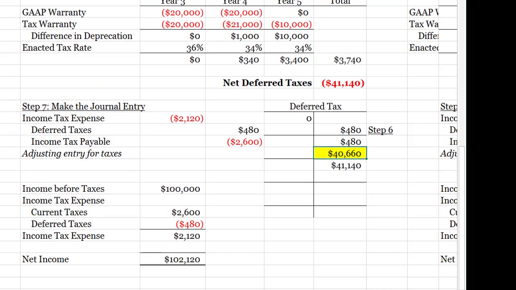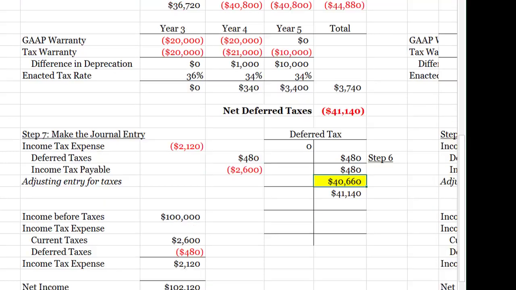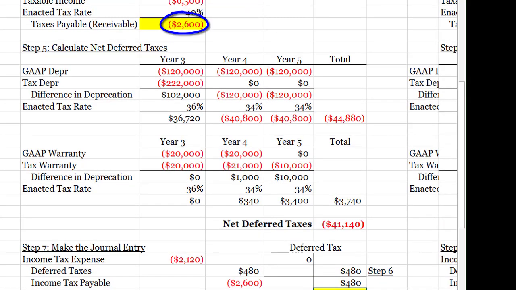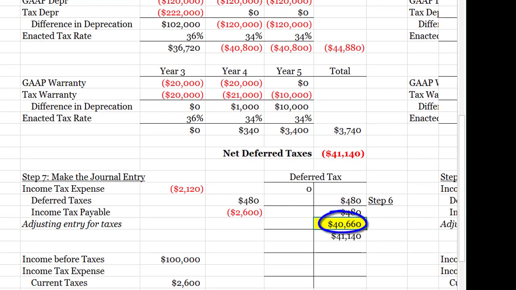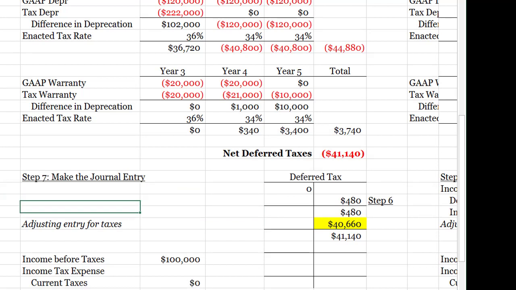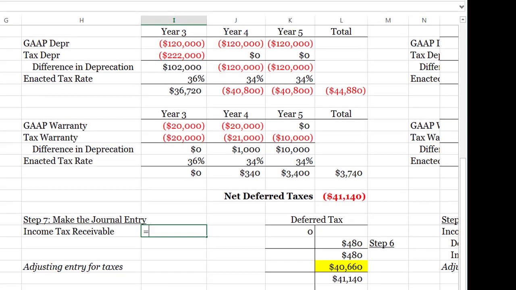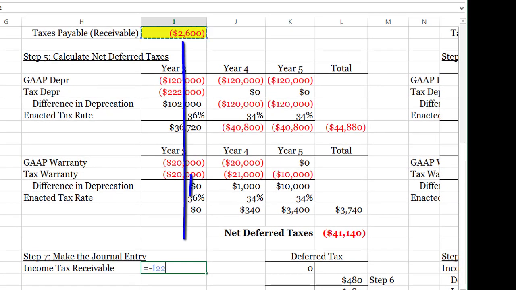Now that I know my income tax receivable from step 4, and I know my deferred tax amount from step 6, I'm ready to do my journal entry. And I'm going to have to change quite a bit here. So let's start with what we know. We know we're getting income tax receivable for $2,600.